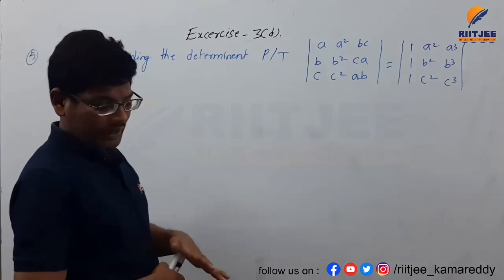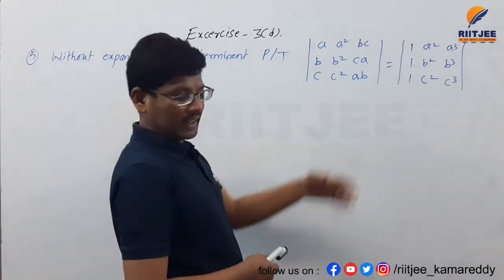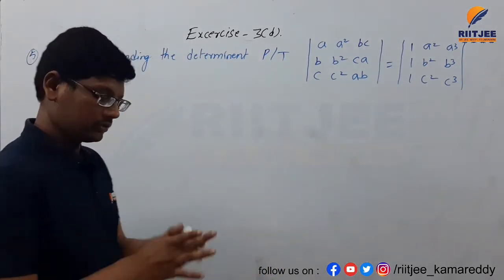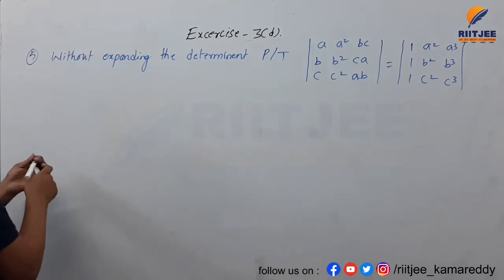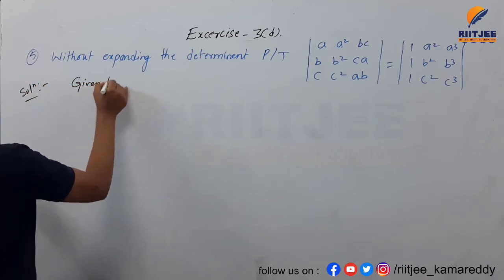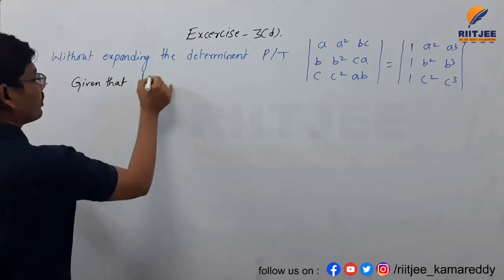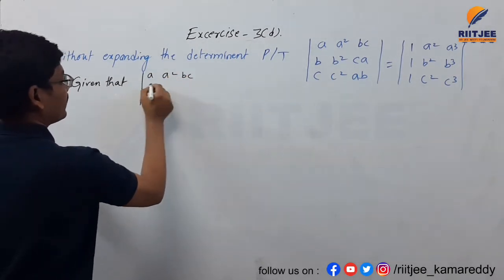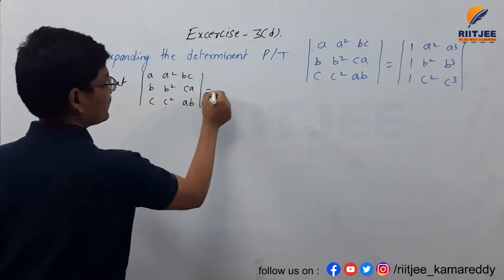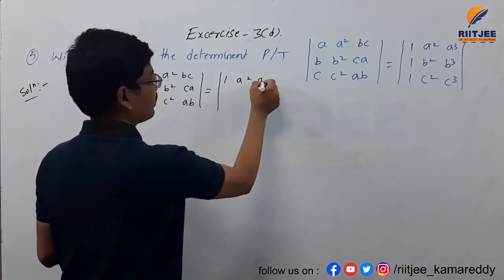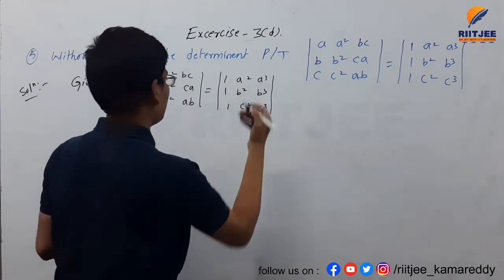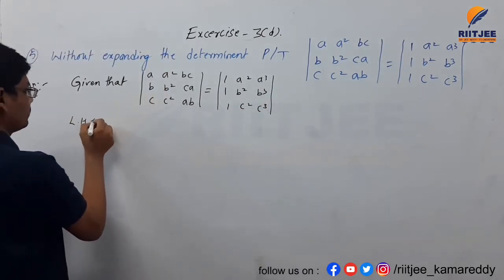And now we are taking LHS here. The solution for this one is: given that the modulus of A square BC, B square CA and C square AB is equal to 1, A square, A cube; 1, B square, B cube; 1, C square, C cube, and I am taking LHS here.